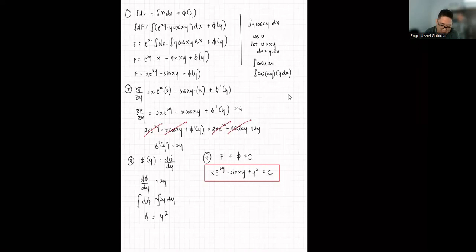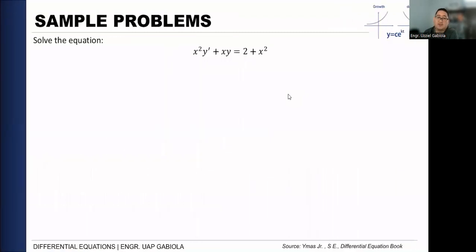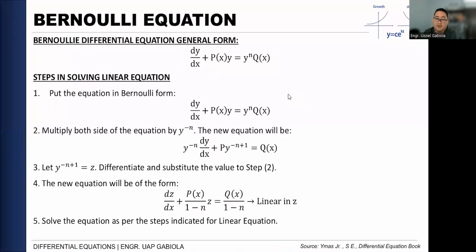Okay? So, if you don't have question regarding sa exact equation, pakita ko lang yung gagawin natin sa linear. So, si linear, ayan, meron siya sinusunod din na general form and then meron din tayong step na susundin. Okay? After lang ma-discuss to, we will solve examples. 3 examples din yan. And then, we start with Bernoulli na meron din siyang sariling form.